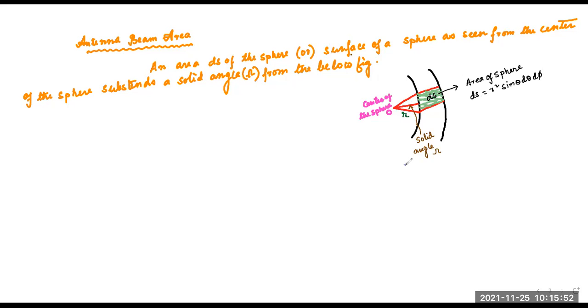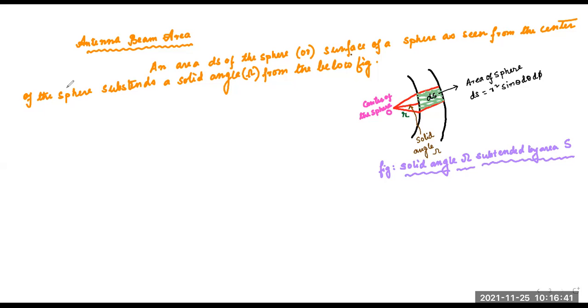This is the figure of the solid angle sigma subtended by area S. Okay.